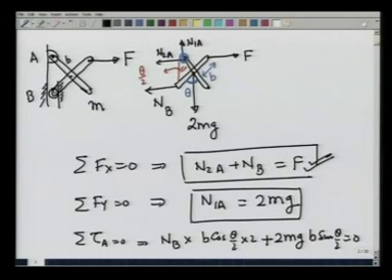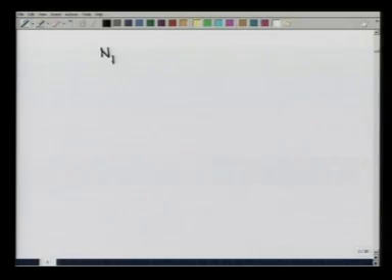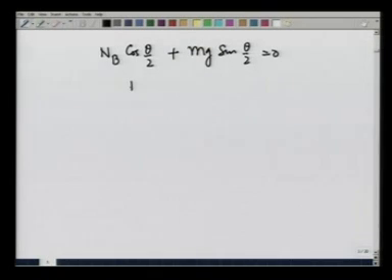B drops out, and the 2 drops out, and therefore I get NB cosine of theta by 2 plus mg sine of theta by 2 equals 0, or NB is minus mg tangent of theta by 2.